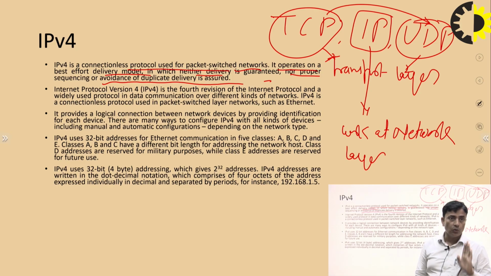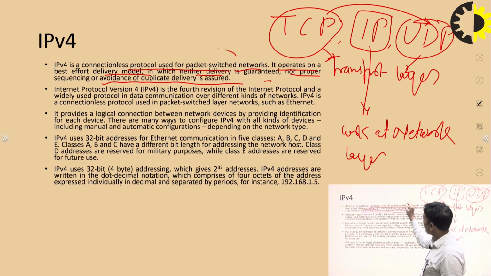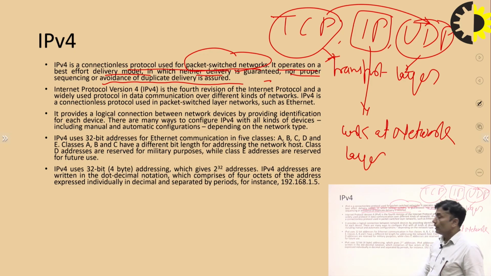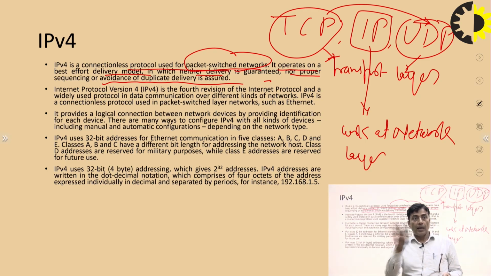As I have already told you, whenever you use packet switch, what does it mean? It means each and every packet of a particular message can follow a different possible route from source to destination. That means different packets of the same message can follow different routes. What does it mean? At the receiver side, a packet which was sent earlier can be received later.